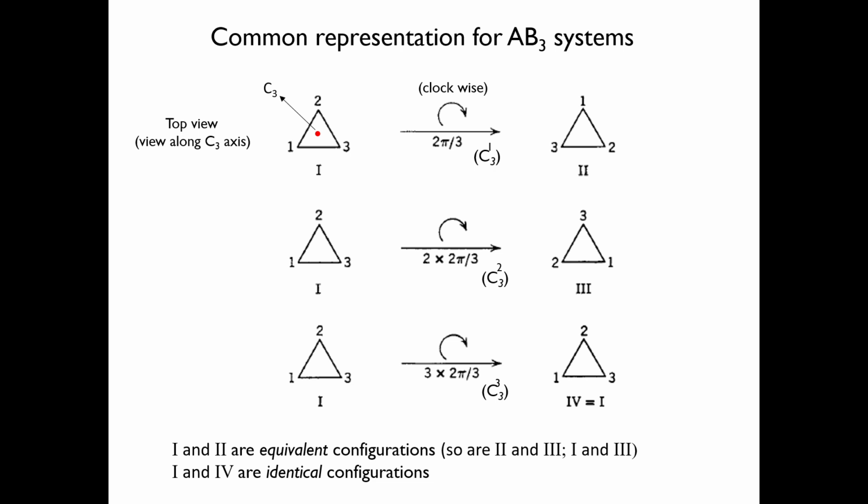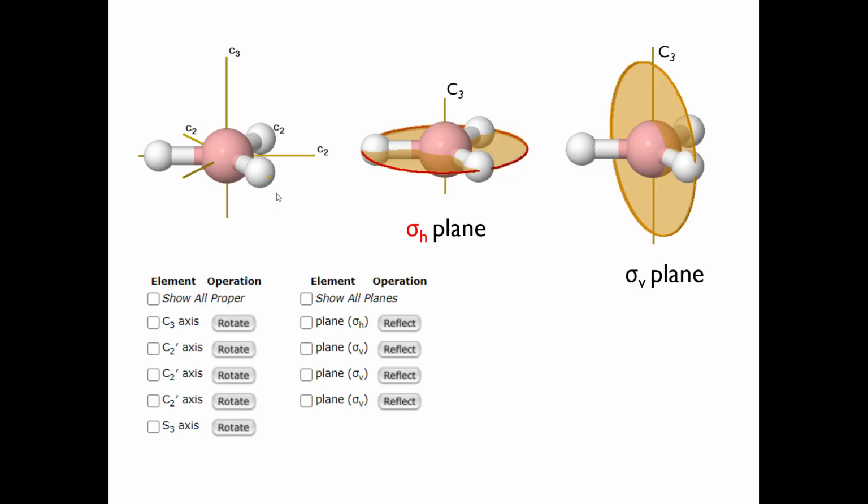So there are only 2 identical configurations, 1 and 4, whereas the relationships between 1 and 2, 1 and 3, and so on, you can tell them as equivalent configurations. I hope you understood equivalent configurations and identical configurations, whose definitions I told you in the earlier session. So this is actually a kind of repetition.